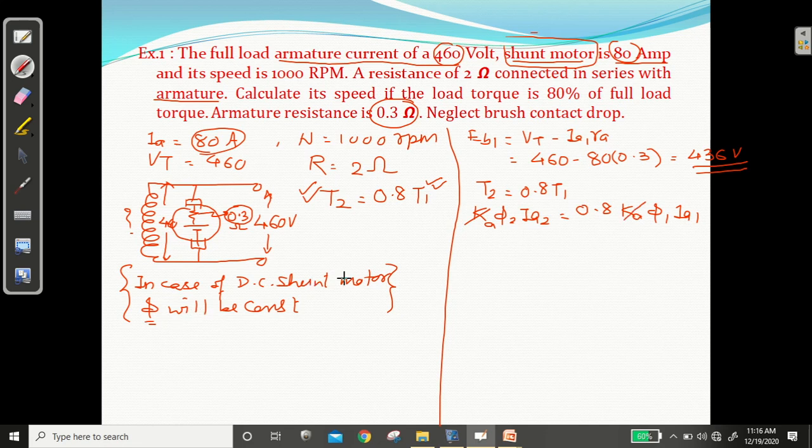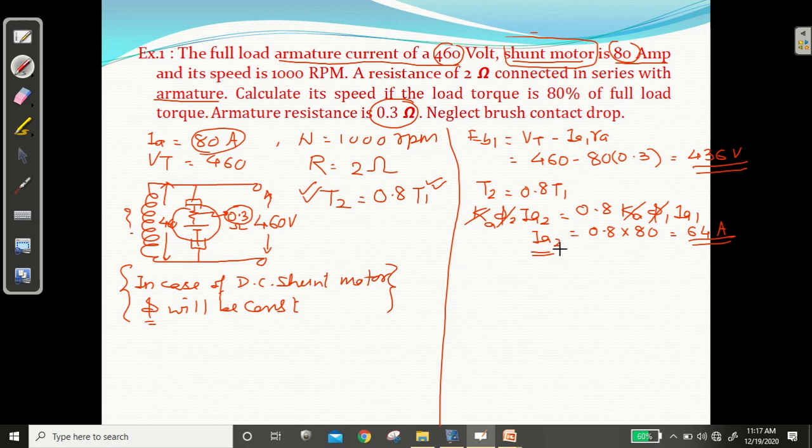In the case of a shunt motor, the flux is constant, so phi 2 equal to phi 1 will be cancelled. So IA2 equals 0.8 into IA1, which is 80. IA2 equals 80 into 0.8, which is 64 ampere. So you are getting this IA2.